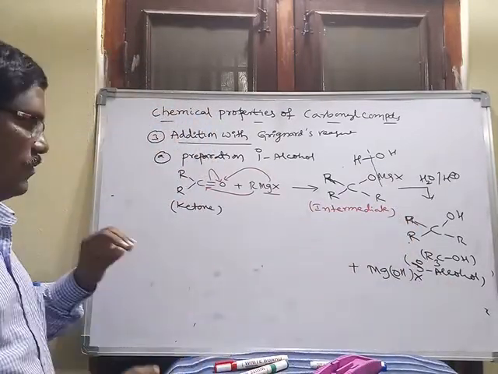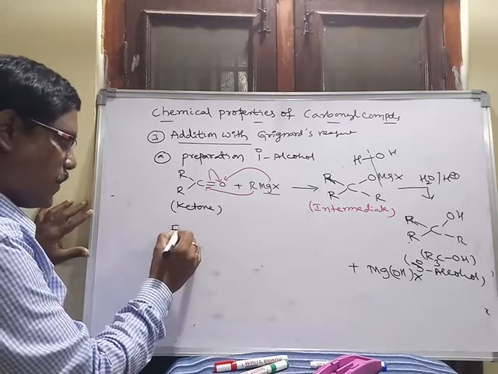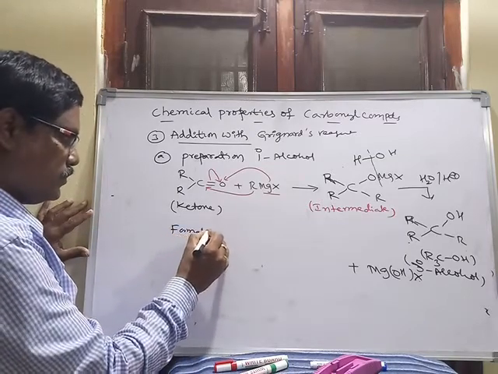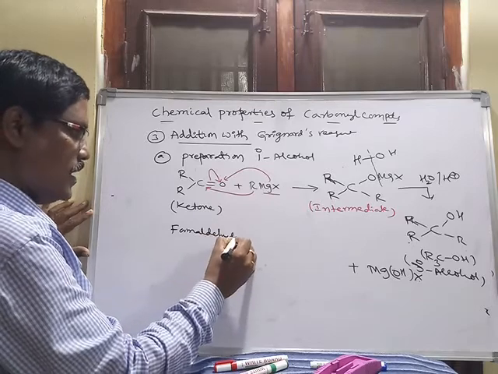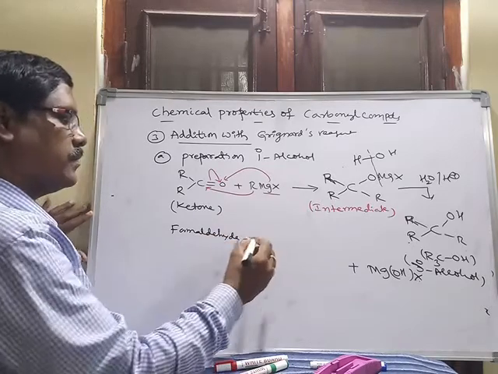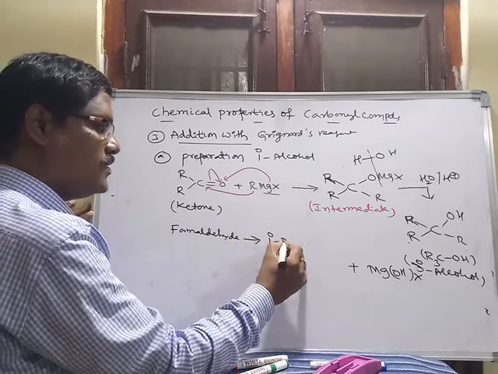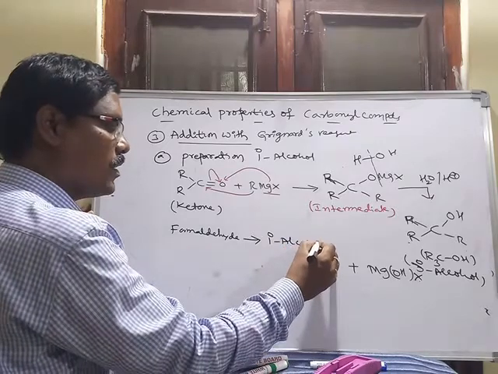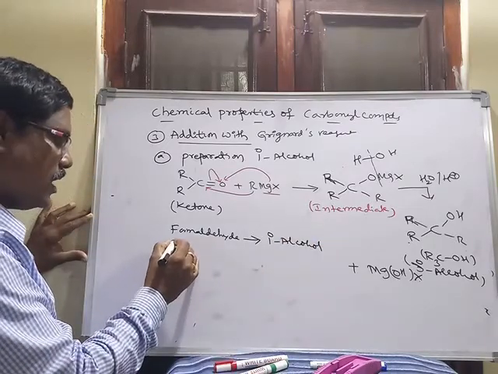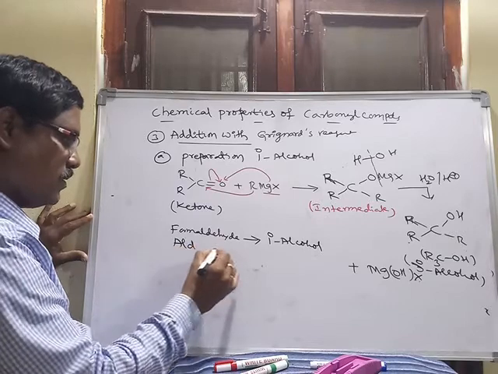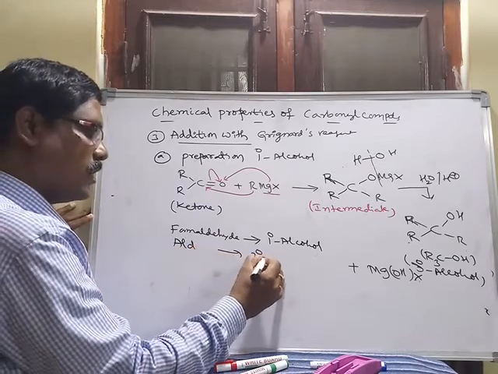So what is here? When we take formaldehyde, we obtain primary alcohol in this reaction. When we take the remaining aldehydes, we obtain secondary alcohols.